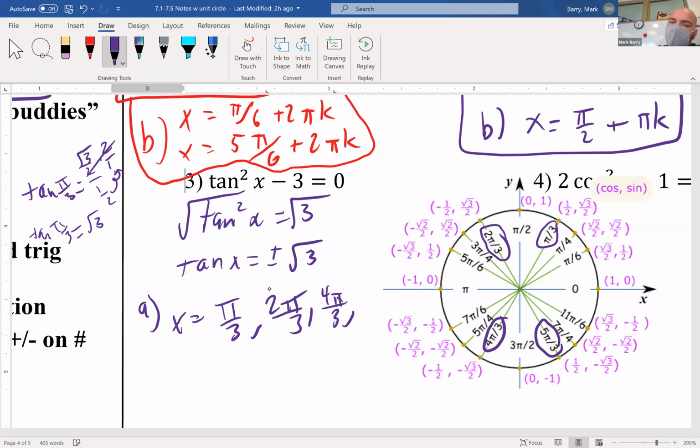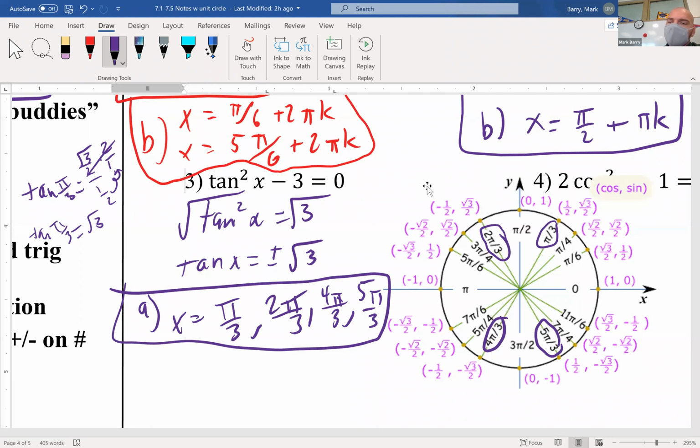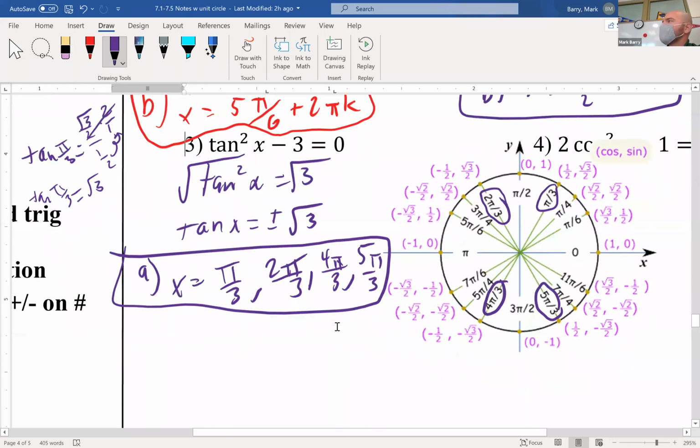And if you guessed 5 pi over 3 for the fourth quadrant, you are correct. So we noticed that all of the denominators are the same here, correct? All right. So those are our 4 answers, 1 from each quadrant, like I said before, twice as many answers as we got for numbers 1 and 2 because our tan function was equal to a plus or minus instead of just one of them.